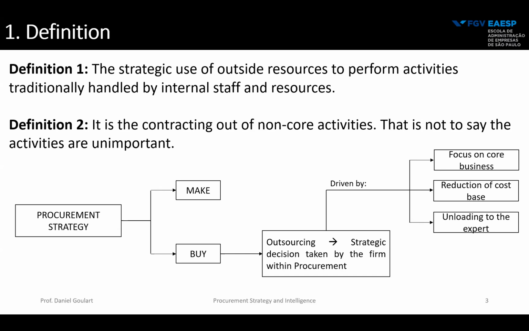When we spend time with something that is not the core, mostly when this product or service is available in the market, we are eventually leaving on the table value that could be sold to the customer, and that could be converted into revenues and better profits for the firm.